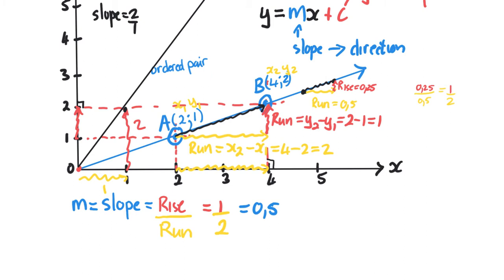What if we were dealing with a graph that has a slope not of a half, but let's say of a quarter? All right, so let's say we had a graph with a slope of a quarter, and it also passed through the y-axis at x equals 0. Well, I would just like to say that in grade 8 physical science, we are not going to deal with graphs that don't pass through x equals 0.